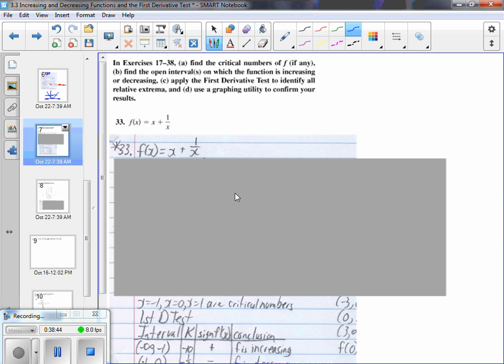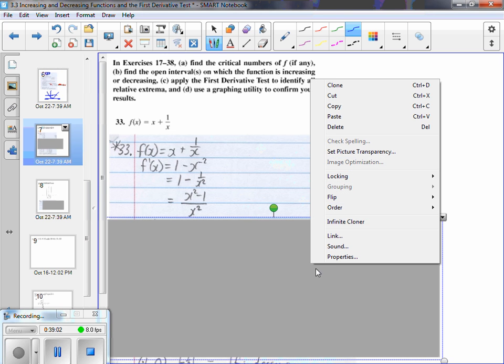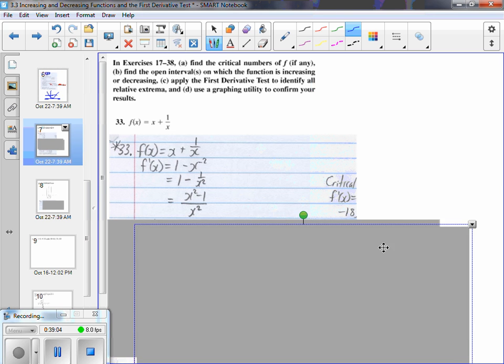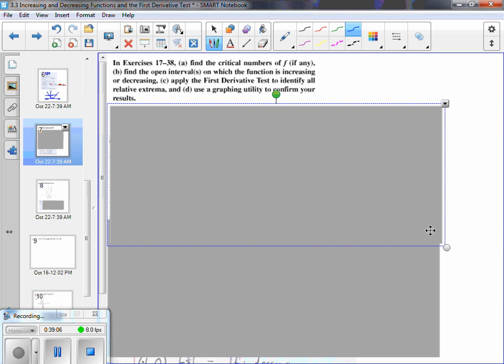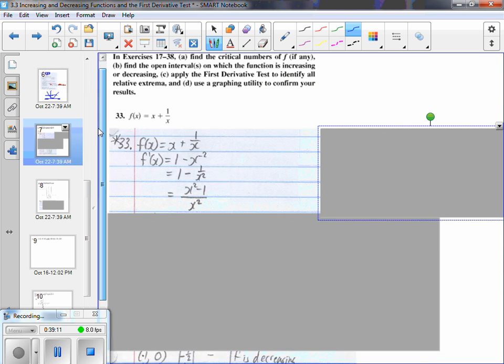So, number 33, f of x equals x plus 1 over x. At this point in our lives, the easy part of the problem is supposed to be finding the derivative. So there it is. We can come back and talk about that when we have more time.